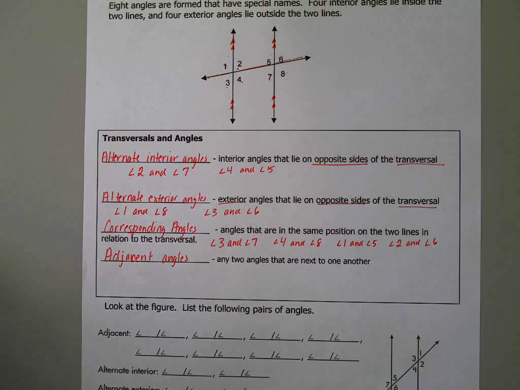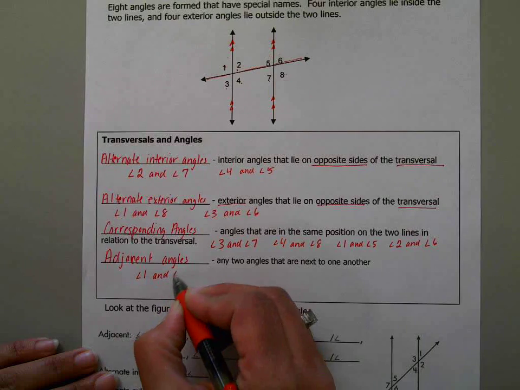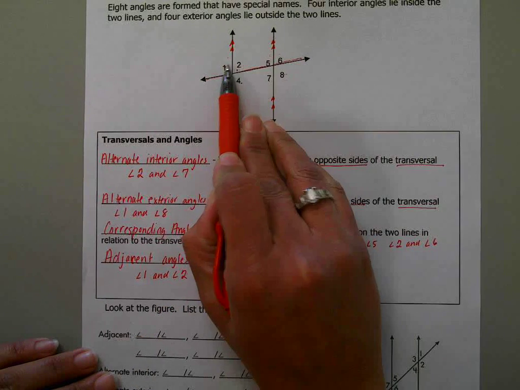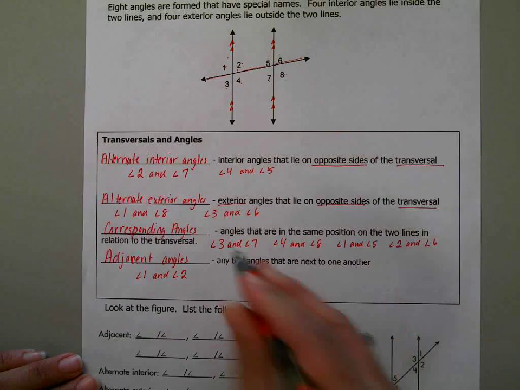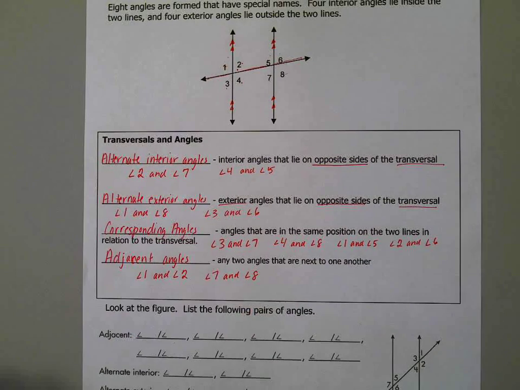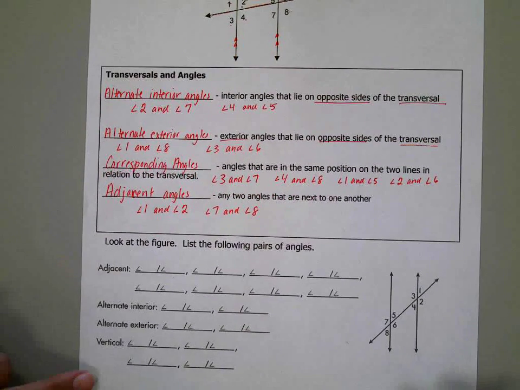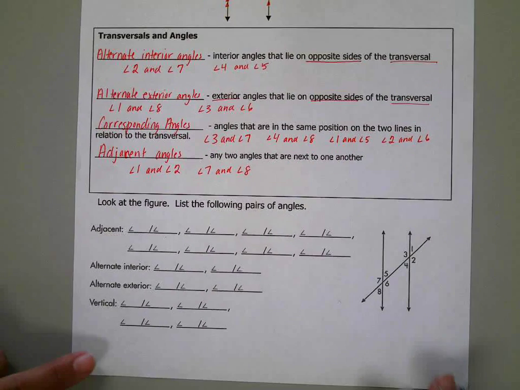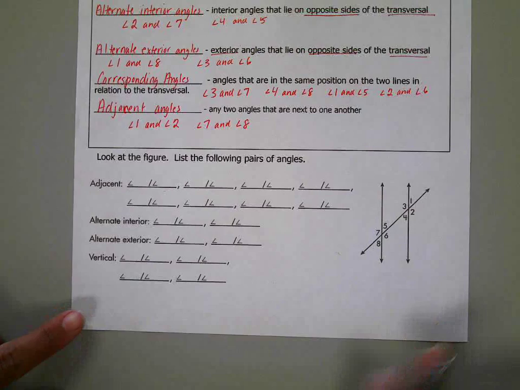So a couple of adjacent angles would be angle 1 and angle 2. Also angle 7 and angle 8. Okay, so those are the terms, and we will practice these in class and then actually look at angle measures, but right now we just want to get familiar with the terms.